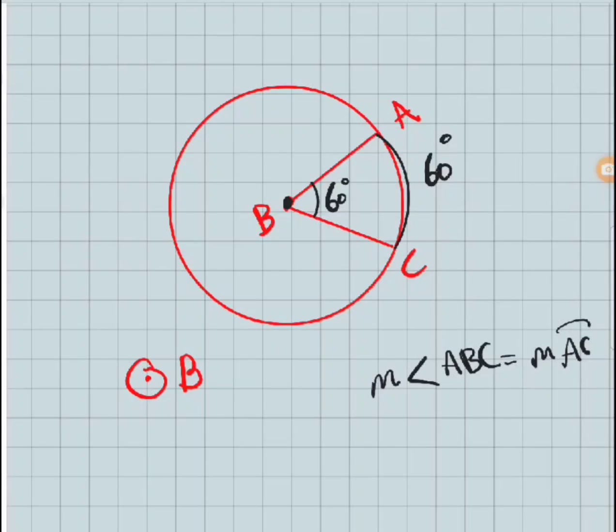Now, arc AC is a minor arc. A minor arc is greater than 180. So a central angle is usually associated with a minor arc.